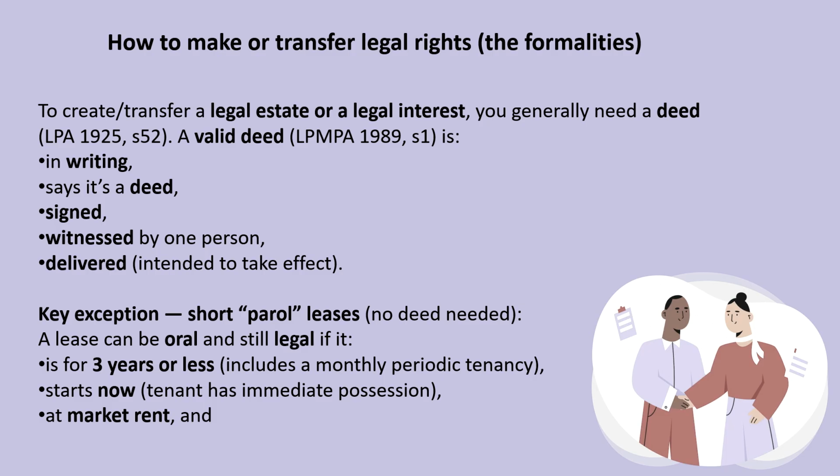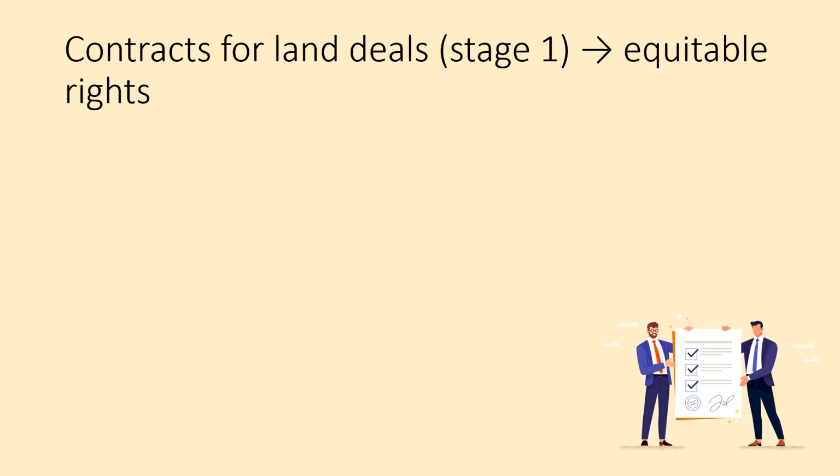Like if you have a look at properties in the same area, you find that you're paying roughly the same amount as other people. And it shouldn't be something where you just pay a one-off lump sum in the beginning or the end, but there has to be periodic rent payments or something like that. Otherwise, it won't fall under that kind of exception for parol leases.